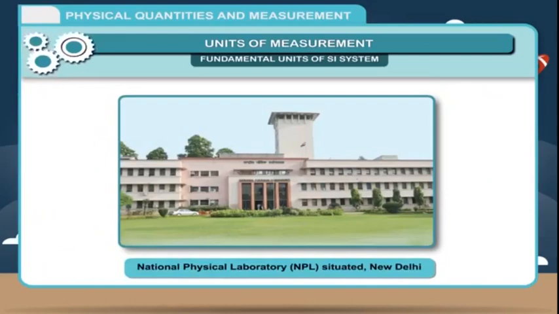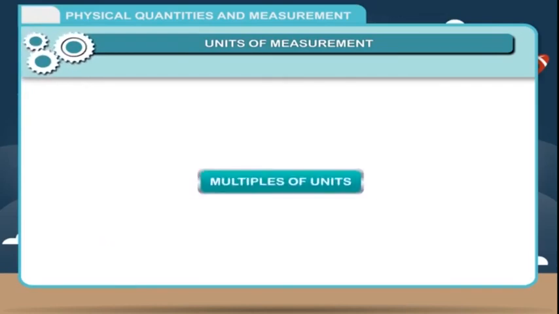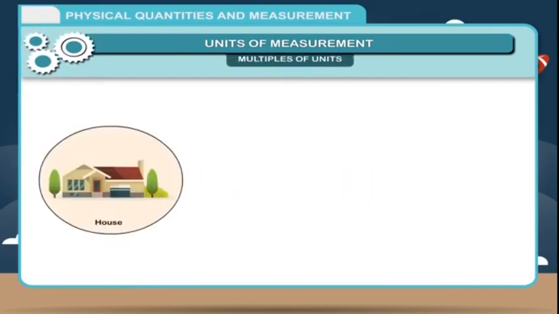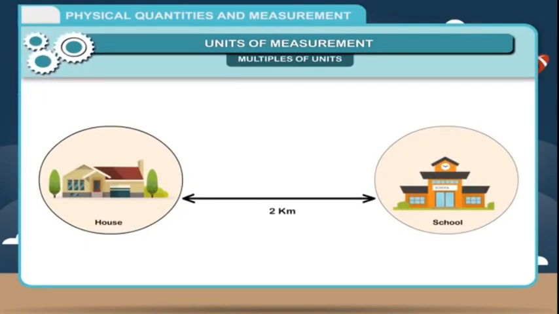In our country, the National Physical Laboratory, NPL, situated in New Delhi is authorized to maintain the national standards for all the basic units in India. Multiples of units. Multiples are the factors used to create larger forms of units. For measuring long distances, meter and centimeter are not convenient.